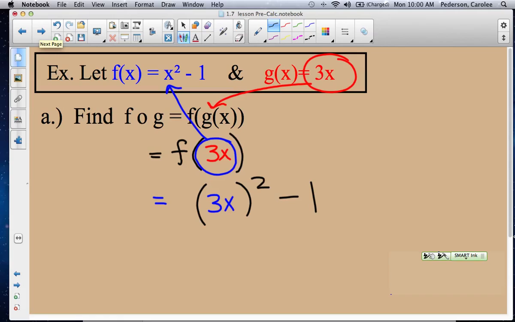And now I just clean it up. So I removed the x from the blue function, and I replaced it with 3x. So now 3x times 3x is 9x squared, and then minus 1. I'm going to stop the screen recording there.